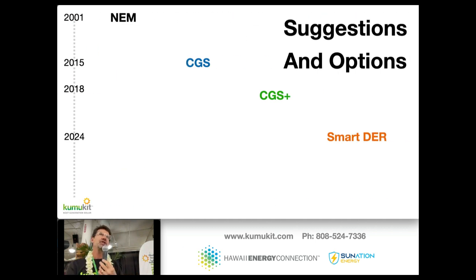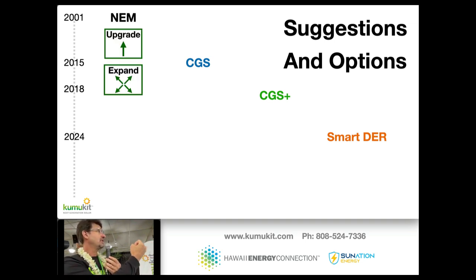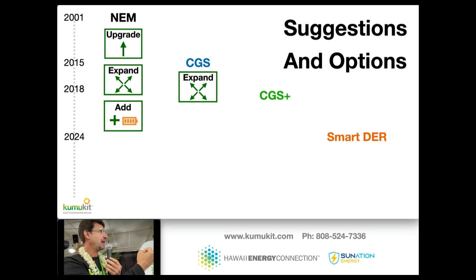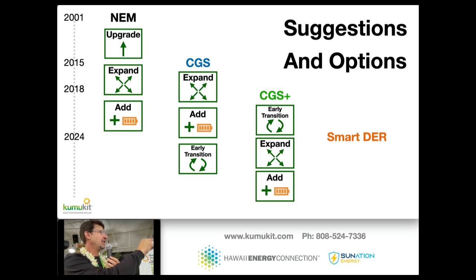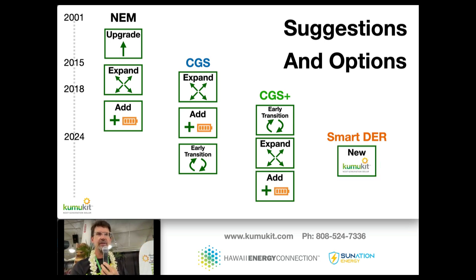So these are some suggestions that we have depending on what tariff program you're under. NEM is net energy metering, CGS is customer grid supply, CGS Plus is a successor of customer grid supply, and the new one is Smart DER.